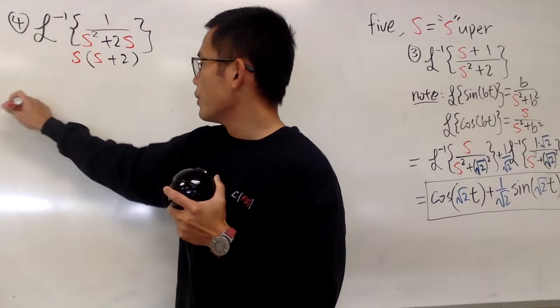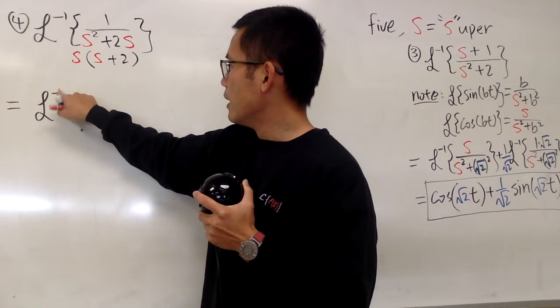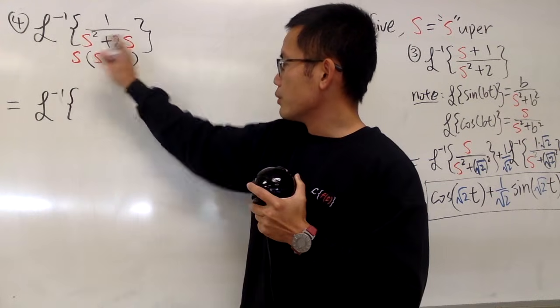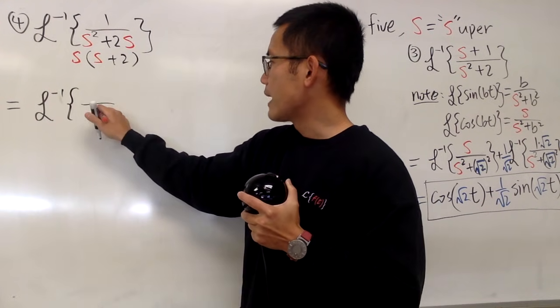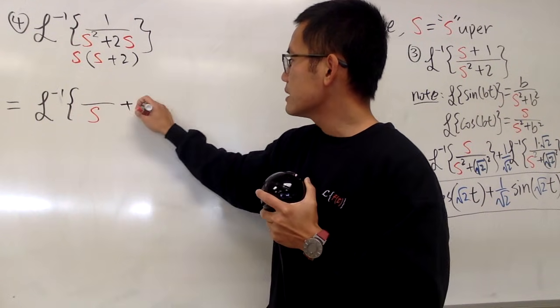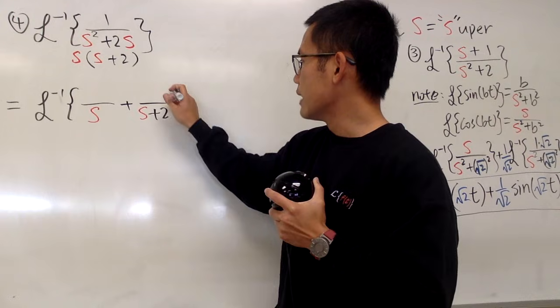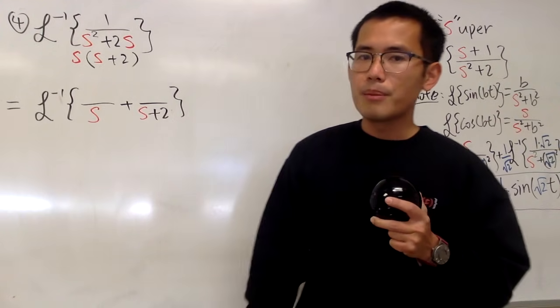Right here, we can just write this as the inverse Laplace. And let me just put down like this. To do the partial fraction, we will have a number over the first factor, which is just s, plus another number over s plus 2, like this, right? And now here is the partial fraction with the cover-up method.